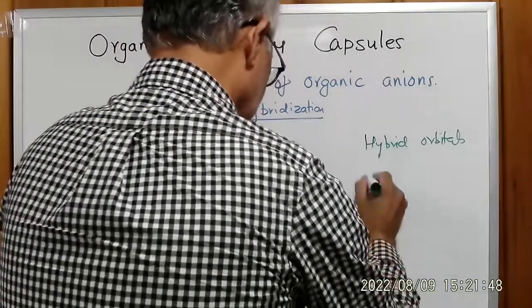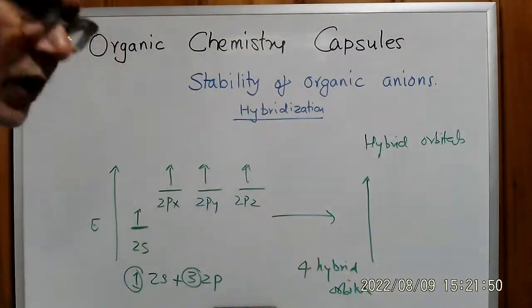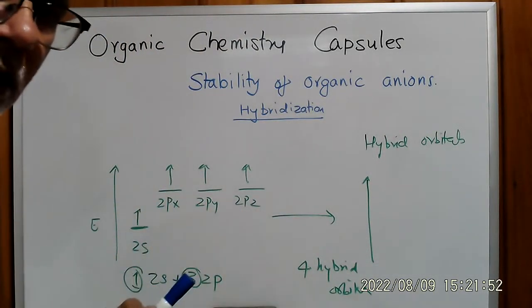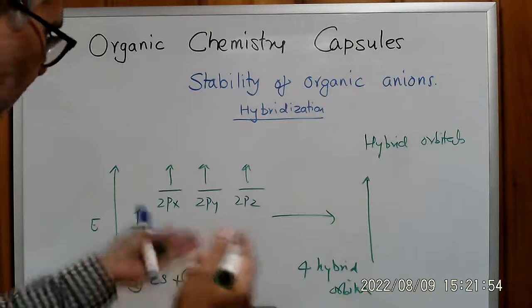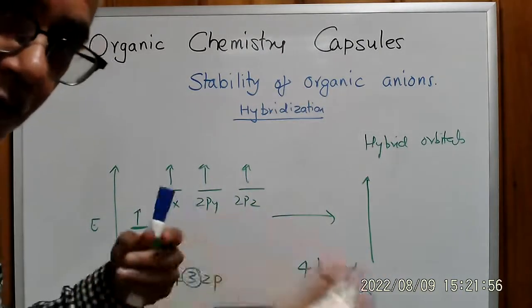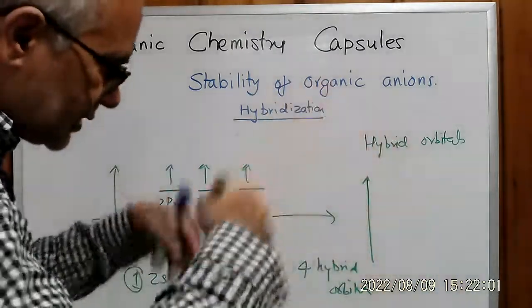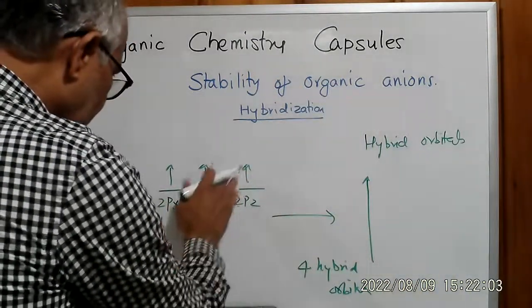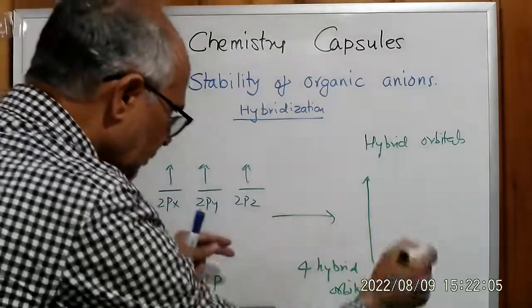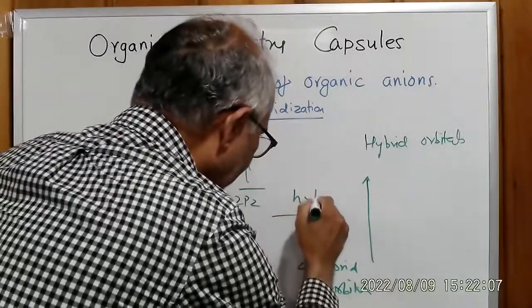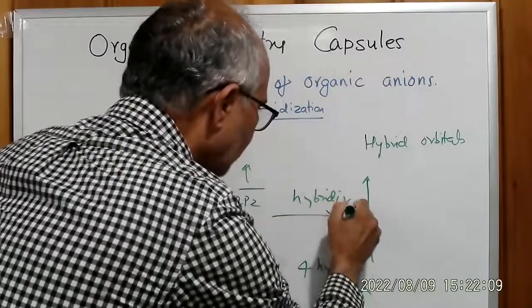So this concept of hybridization is put forward to explain what is observed, that all 4 carbon hydrogen bonds in methane have identical bond length, identical bond strength, which suggests that there is no energy discrepancy.